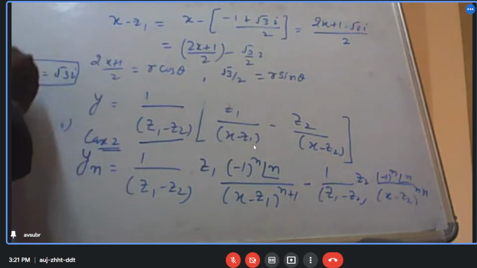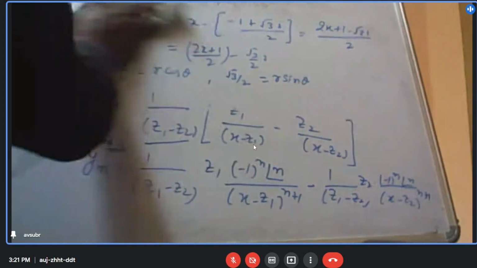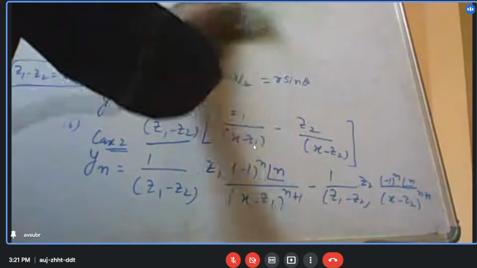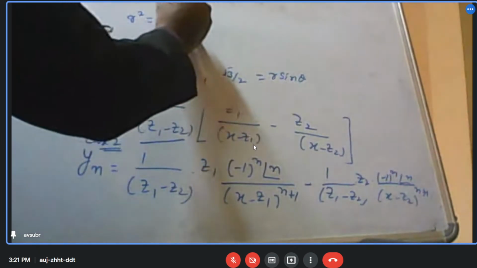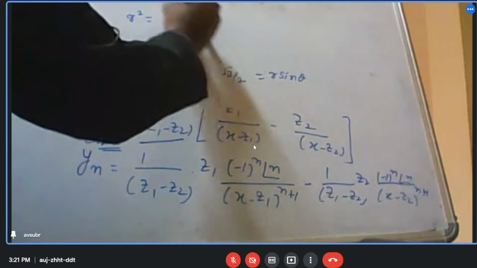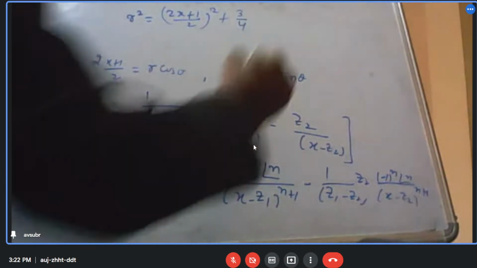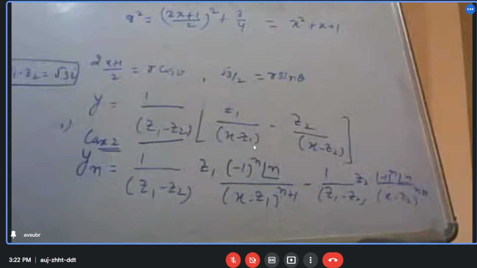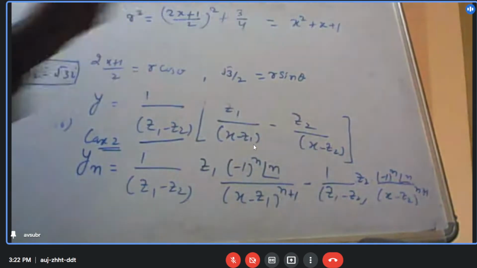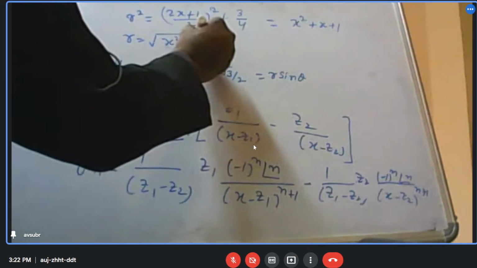So this is one thing which we will remember because these values are required. So from this, r square will be equal to (2x plus 1 by 2) whole square plus 3 by 4, right? Or it will be equal to x square plus x plus 1. As we solve it, we will get r equal to square root of x square plus x plus 1.